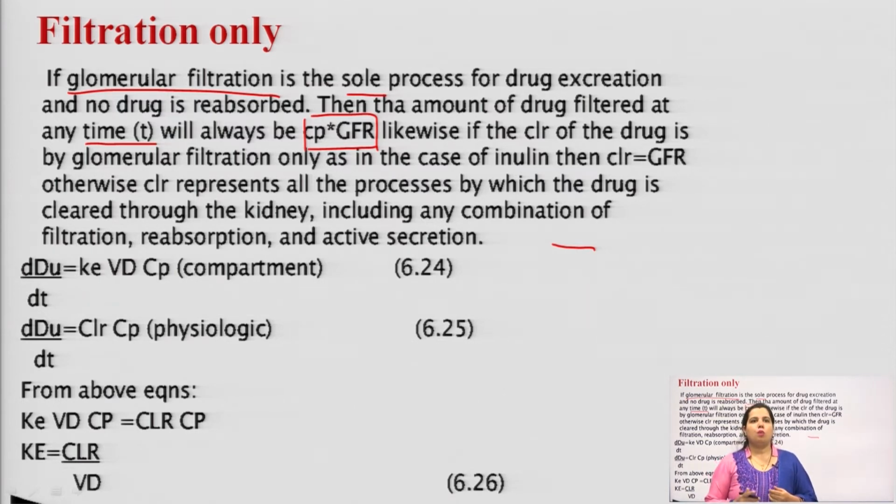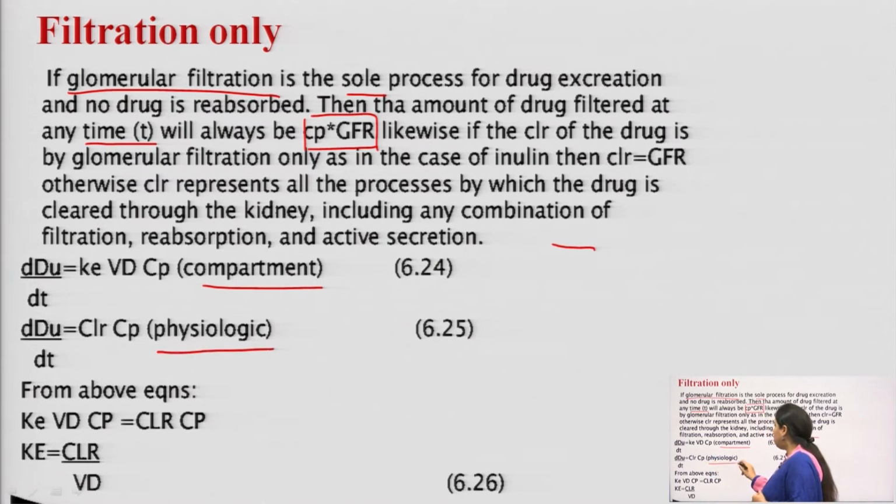Otherwise, CLR represents all the processes by which the drug is cleared through the kidney, including any combination of filtration, reabsorption and active secretion. This is the common process of renal clearance. So, the equation will be dU/dt = Ke Vd Cp for the compartment model, and dU/dt = CLR Cp physiologically.